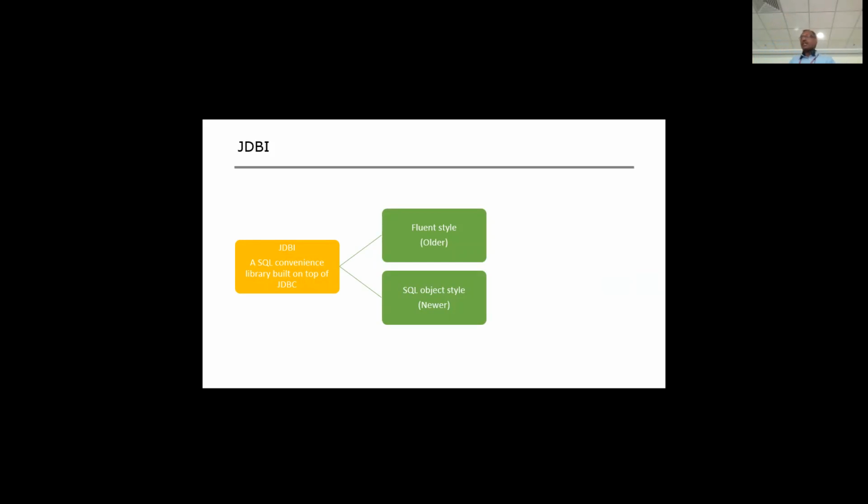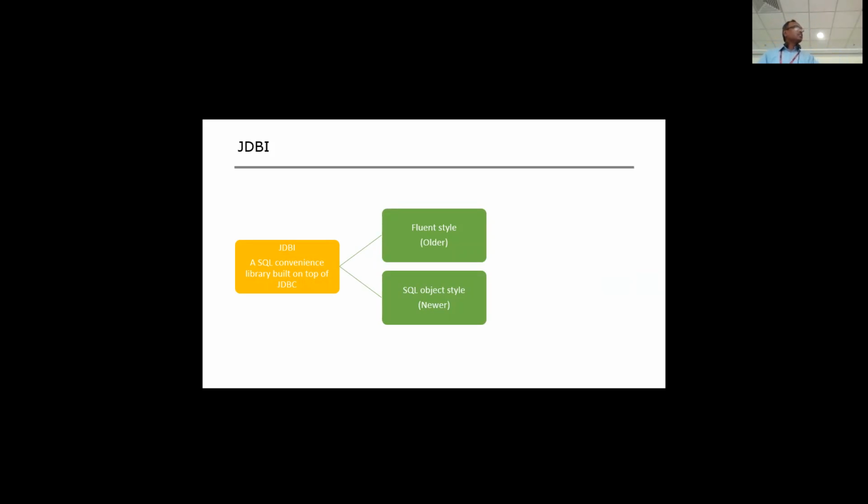And we'll look a little bit at JDBI. It comes as part of the Dropwizard ecosystem. JDBI is a simple convenience library for SQL, which sits on top of JDBC, and it provides two flavors. One is called the Fluent style, and the other we call the SQL Objects style.